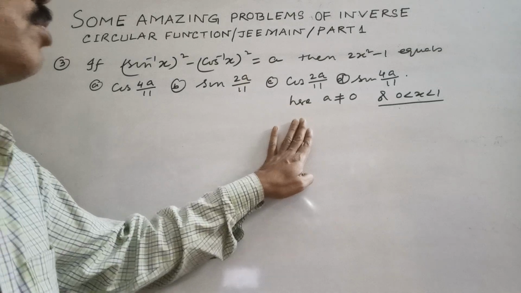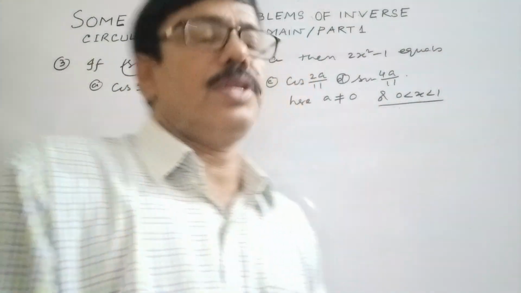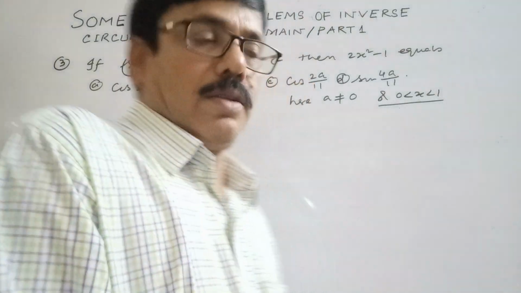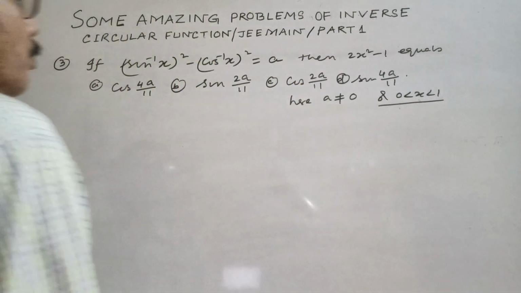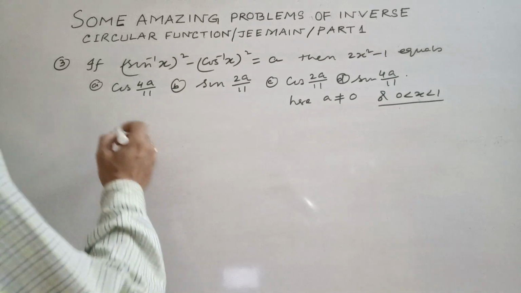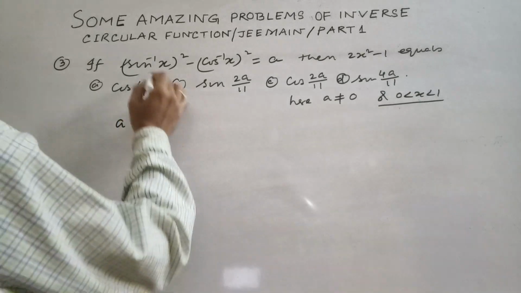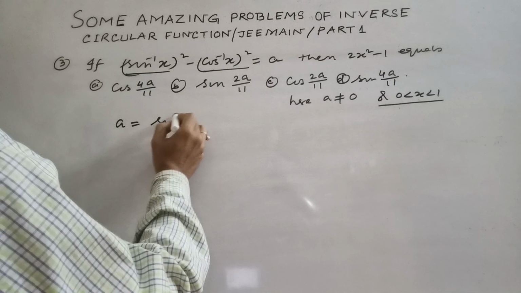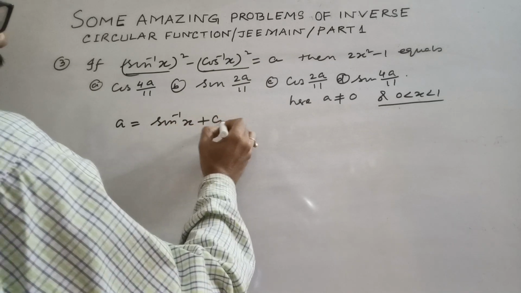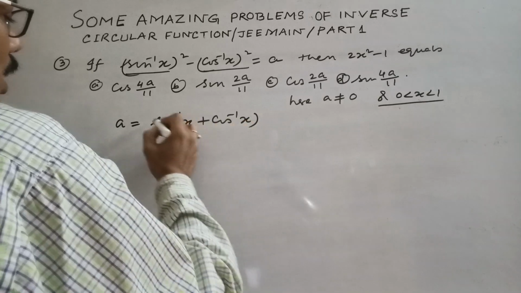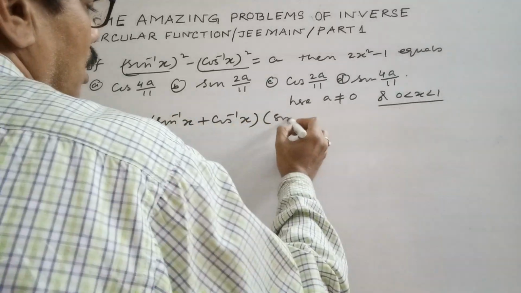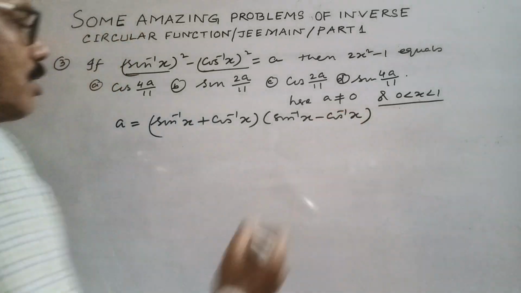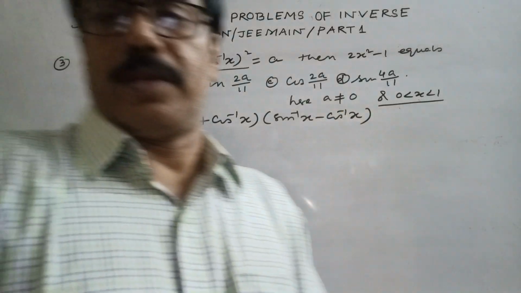Here a is not equal to 0 and x lies between minus 1 to plus 1. So look, A equals (sin inverse x) whole square minus (cos inverse x) whole square. You factorize it: (sin inverse x plus cos inverse x) into (sin inverse x minus cos inverse x).